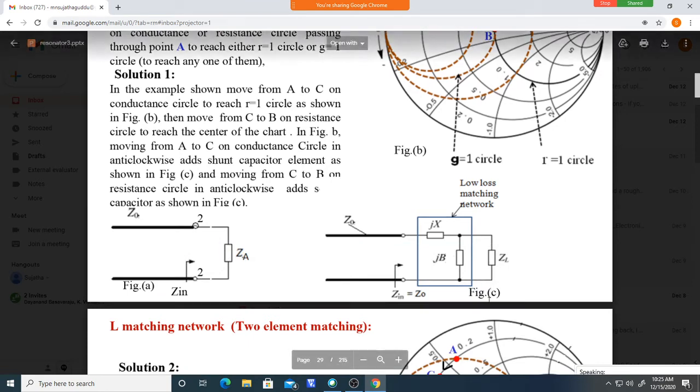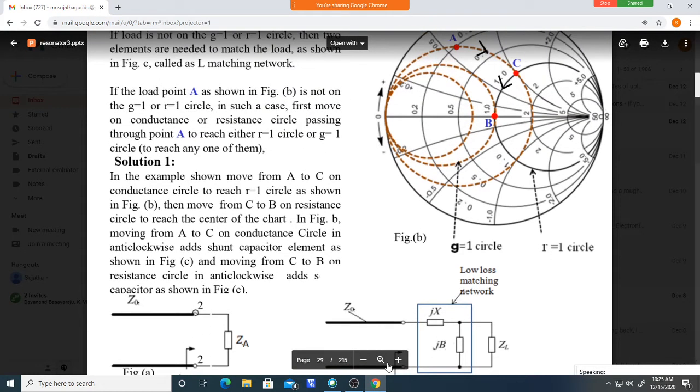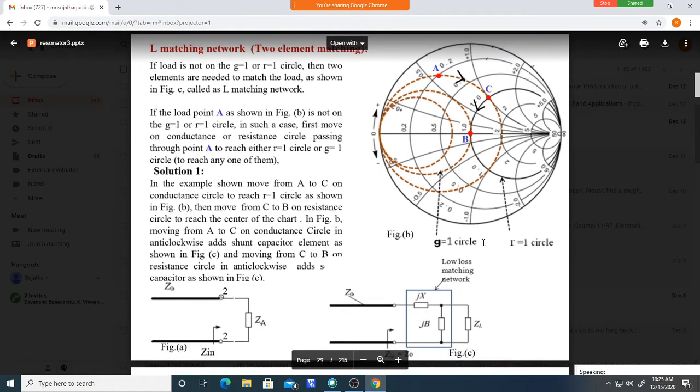Okay, so now what we can do, see this ZL, it is not equal to our 50 ohm. So what we did here in this example, we can change it to 50 ohm. So to the ZL, for example, this is a point here. If the load is point A as shown in the figure here, you mark this value, whatever is given here.